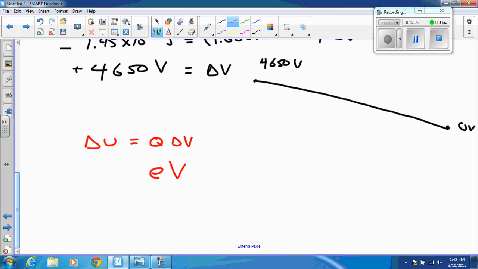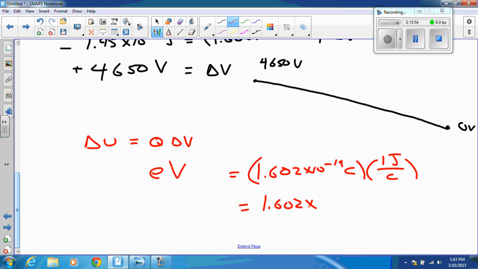And it literally means the charge of 1 electron times 1 volt. How much is an electron volt? Well, I can plug in 1.602 times 10 to the minus 19th coulombs times 1 joule per coulomb gives me 1.602 times 10 to the minus 19 joules.